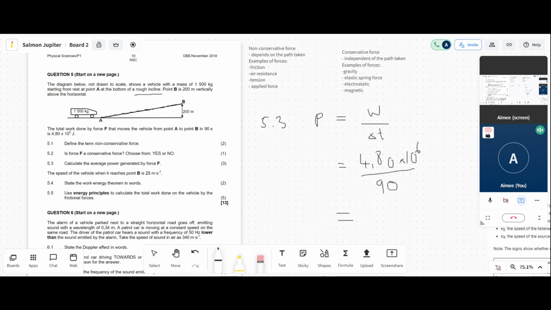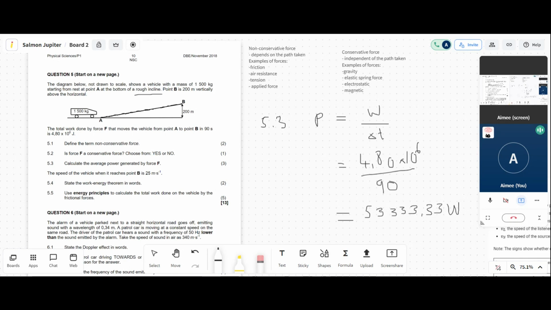So we say 4.80 times 10 to the power of 6 over 90. And that gives us a value of 53,333.33, and our unit is watts.